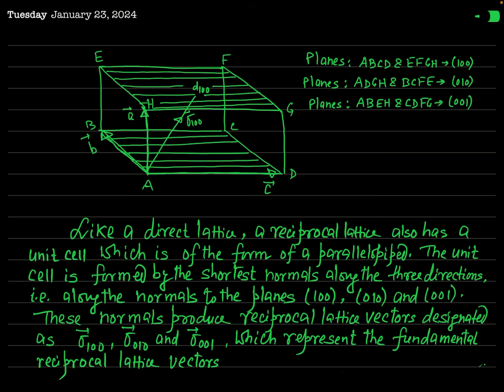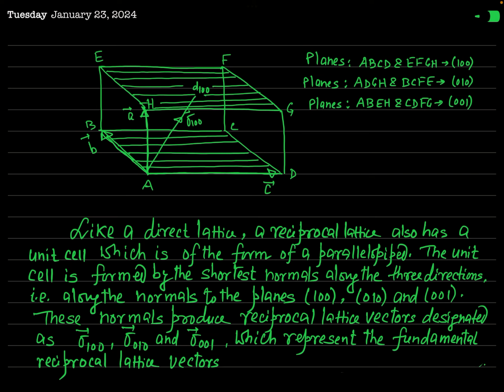Like the direct lattice, the reciprocal lattice also has a unit cell which is in the form of a parallelepiped. This is the unit cell of a direct lattice, which is in the form of a parallelepiped, and the unit cell of the reciprocal lattice is also in the form of a parallelepiped like the direct lattice.